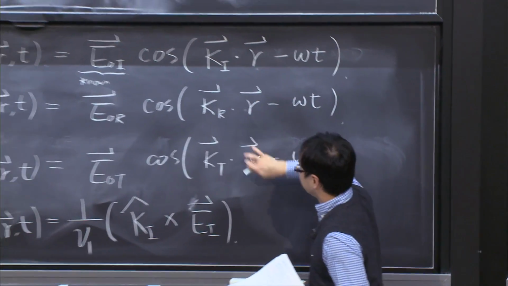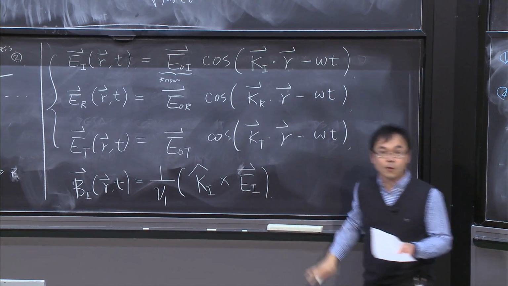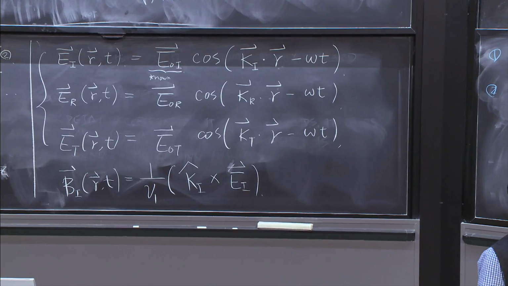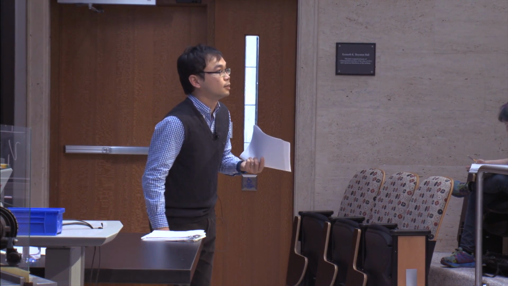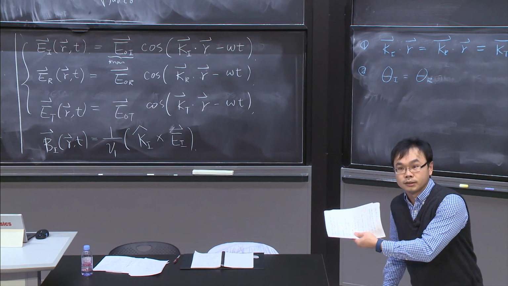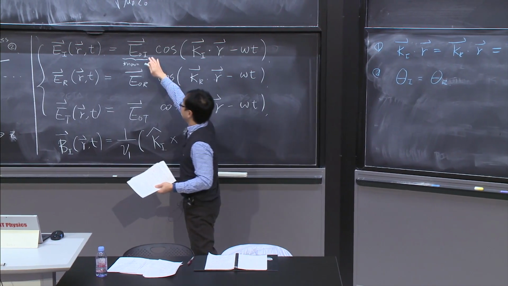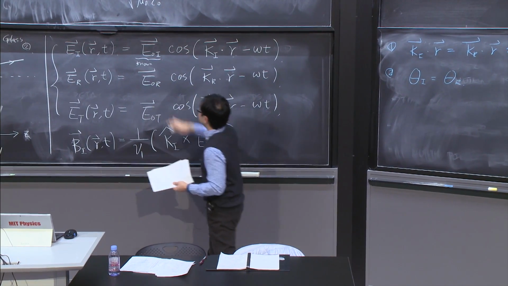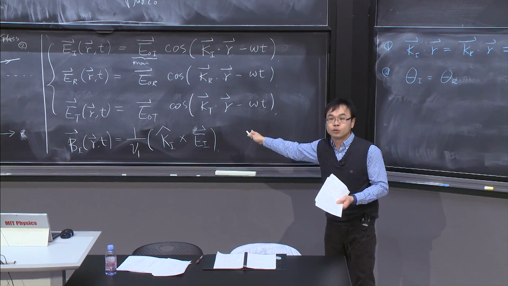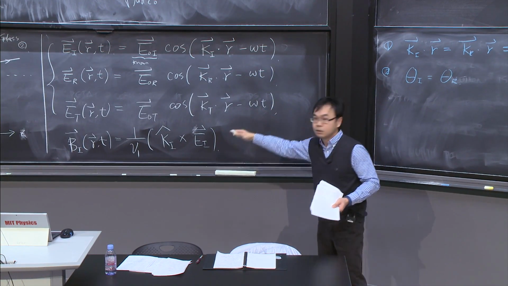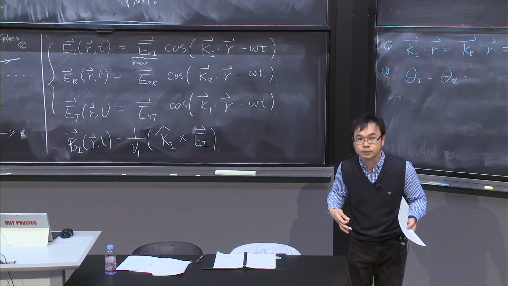Since these 3 cosine factors are identical, the location dependence and the time dependence completely cancel, because you just have the individual vectors E0I, E0R, E0T multiplied by a cosine function that is identical for the incident, reflected, and transmitted waves.